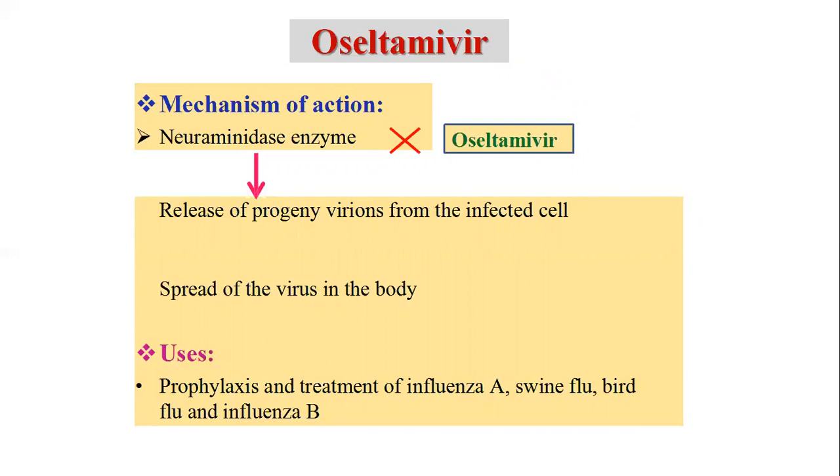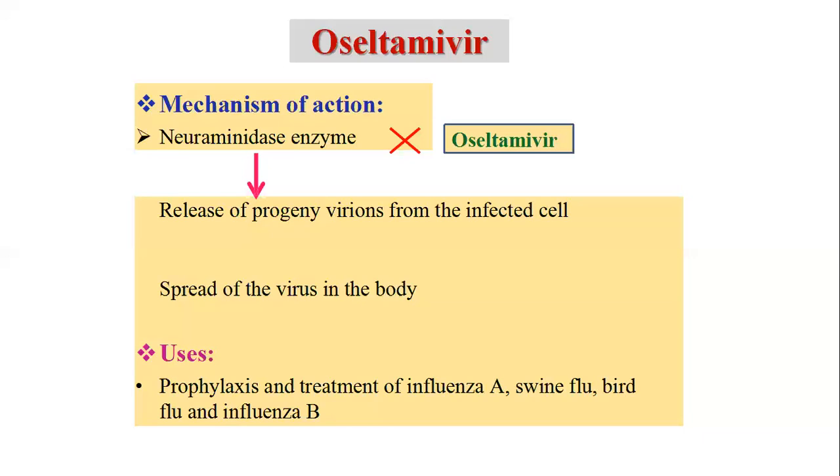So by inhibiting the function of the neuraminidase enzyme, they are blocking the release of new virus, or progeny virus, from the infected cell. So there is no proliferation, and there will be no further infection.